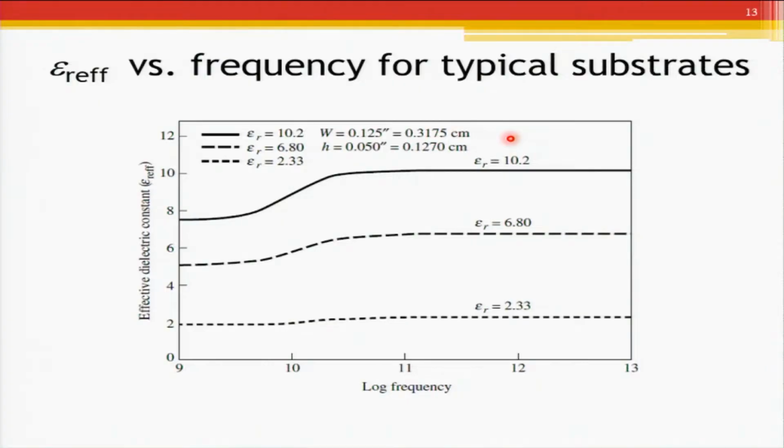I want to show you this graph of effective dielectric constants as a function of log frequency, such as 10 to the 9 Hertz, 10 to the 10, 10 to the 11, 10 to the 12, and 10 to the 13. If you have different types of materials, for example, dielectric constants from 2.3 to 10.2, this is how the effective dielectric constant changes over the frequency.